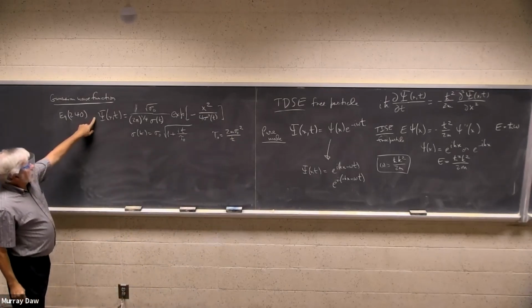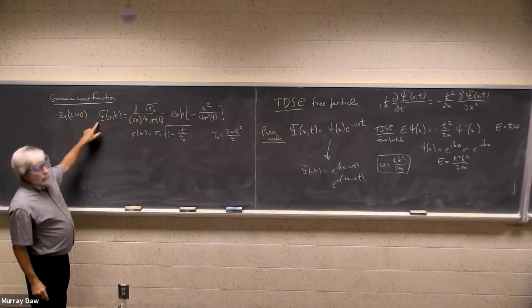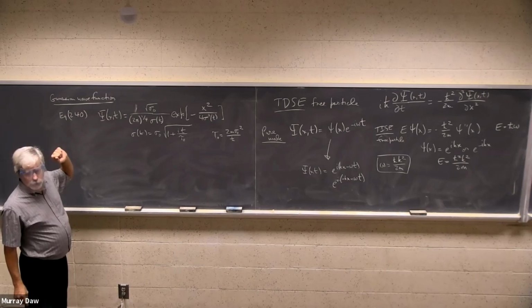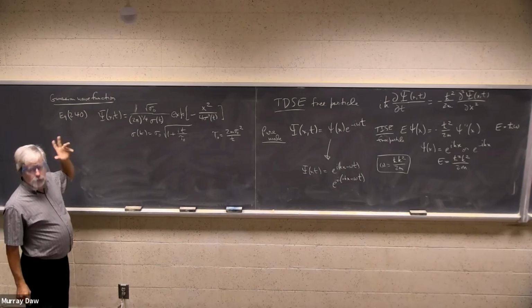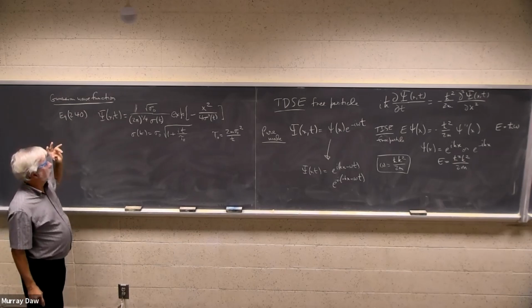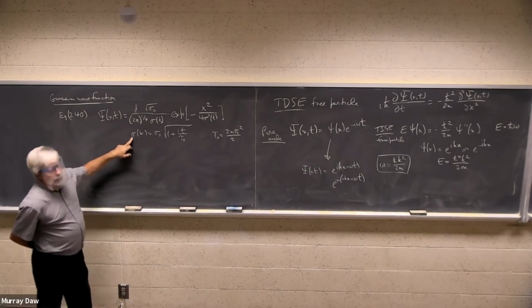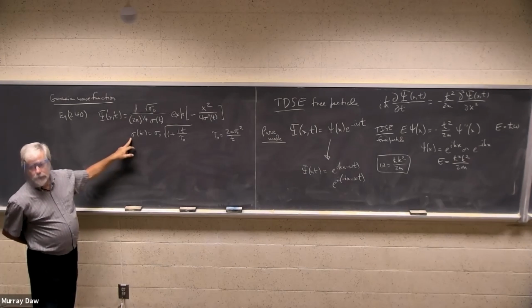So this is a solution, and notice that it's a little different. It is a Gaussian, but it's complex. Right? Wave functions in general are going to be complex. And the time dependence is buried inside of this parameter sigma.